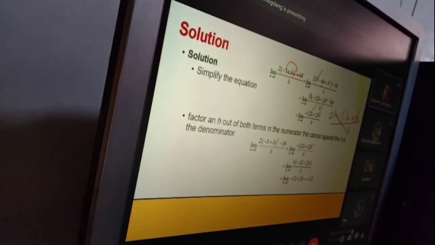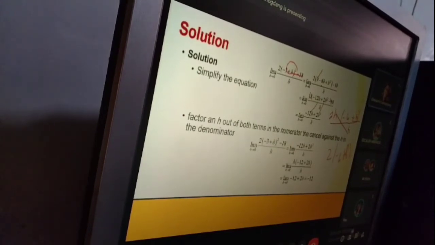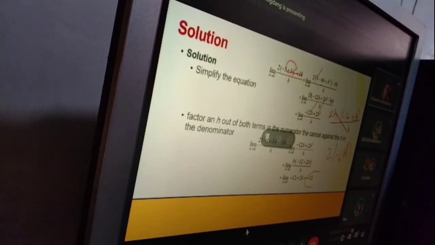Ang matitira sa'yo ay 2 times negative 6 plus h. Kung si h mo ay approaches 0, so negative 6 plus 0 is negative 6 times 2 is negative 12. Kaya negative 12 ang sagot. Okay?